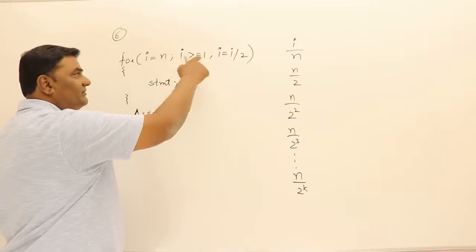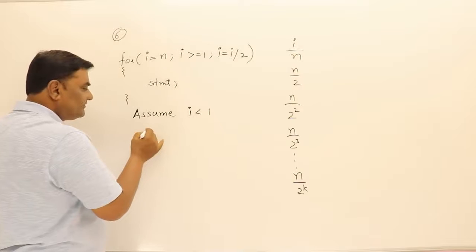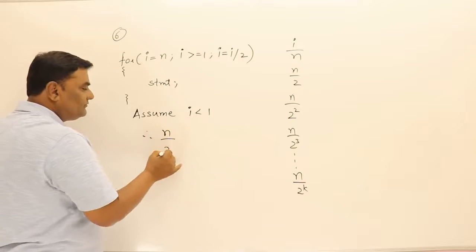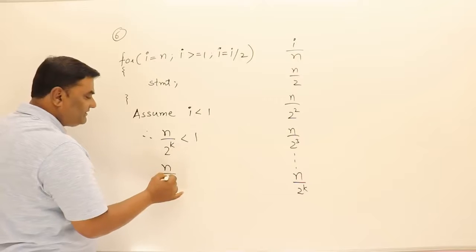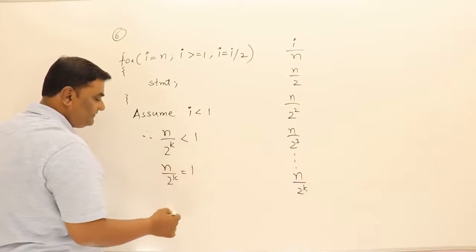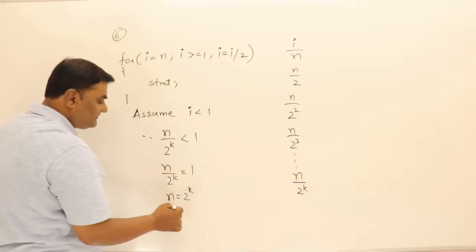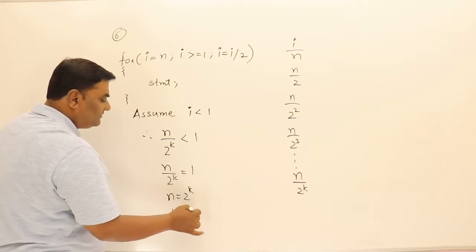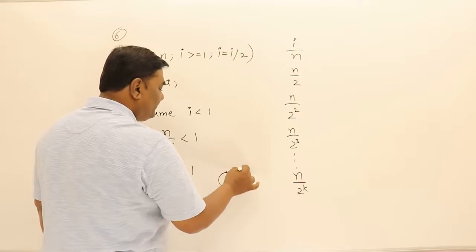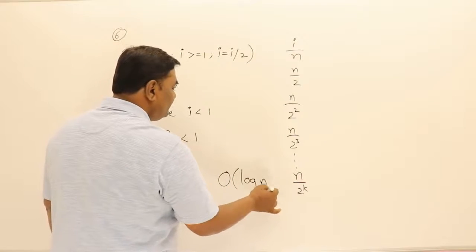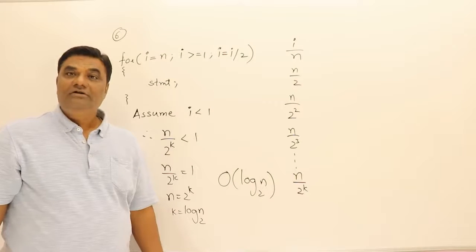So it will continue as long as it's greater than or equal to 1. So assume I has become less than 1. So what is the I value? n by 2 power k is less than 1. So if I equate it to 1, then n is equal to 2 power k. So k is how much? Log n base 2. So the time for this one is order of log n base 2.